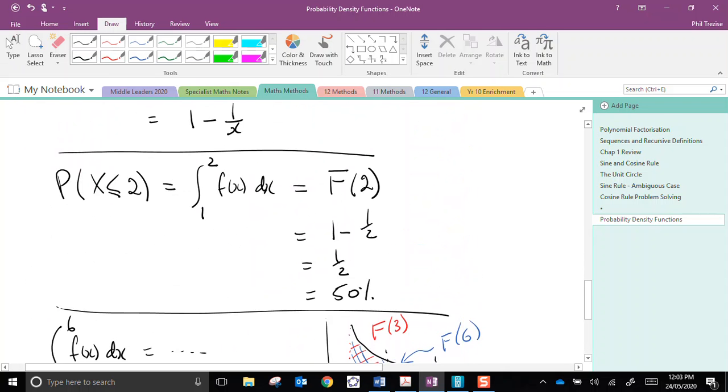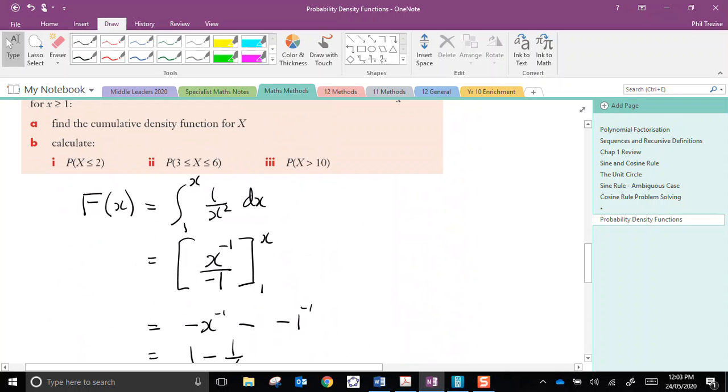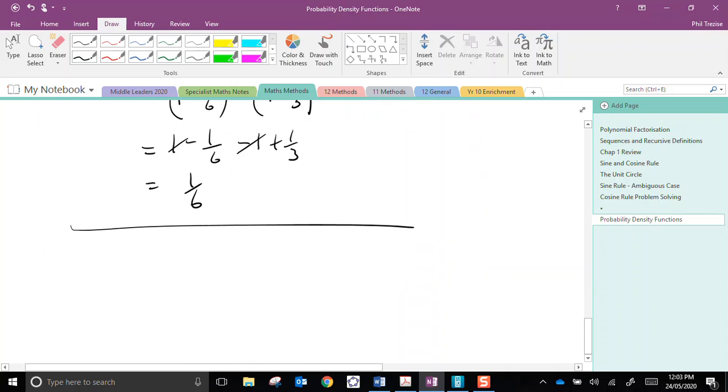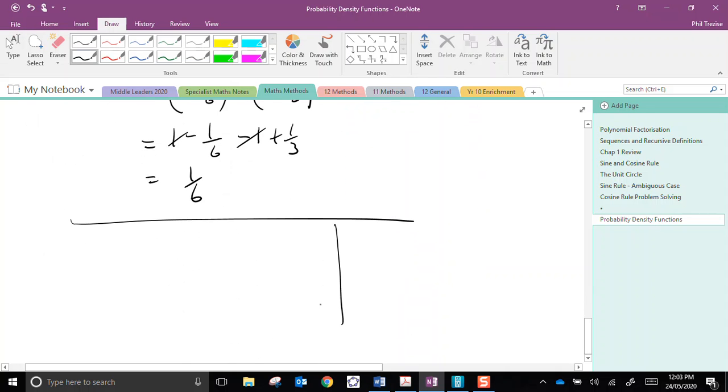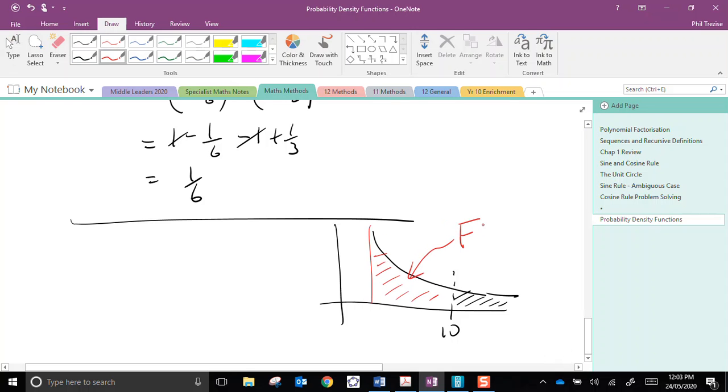What about this last one? It was probability x is greater than 10. So if I do my little sketch, and let's say that's 10, and we're interested now in the chances that it's greater than 10. Wouldn't my primitive function tell me this area here? That's capital F of 10.